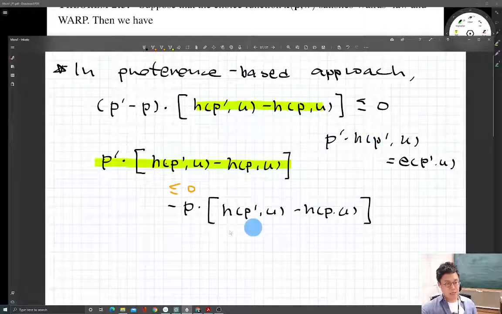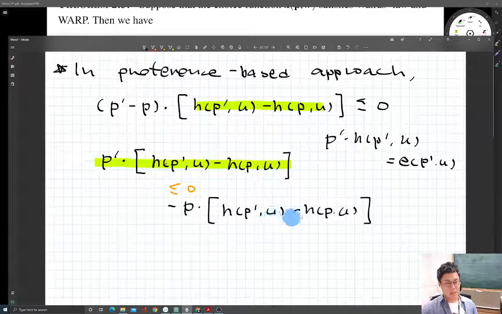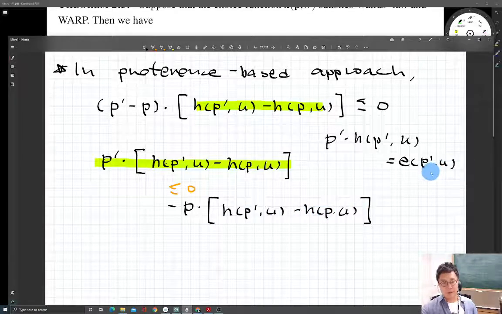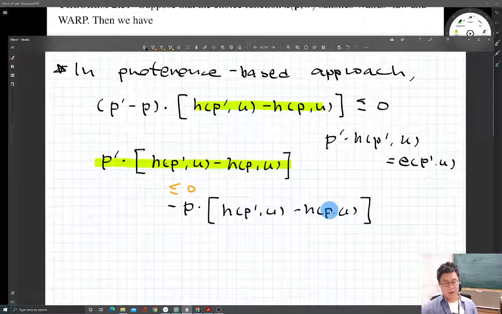Now think about the sign of the second quantity. We have P dot H of P prime and then P dot H of P. P dot H of P is the minimum expenditure under price vector P. So if we choose an alternative bundle, our expenditure is going to be larger.